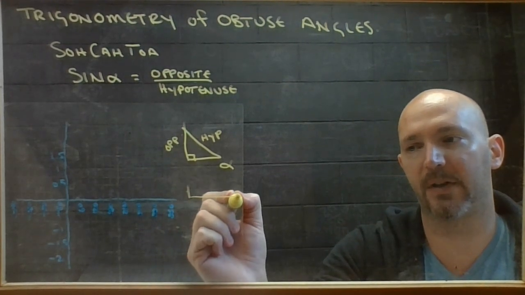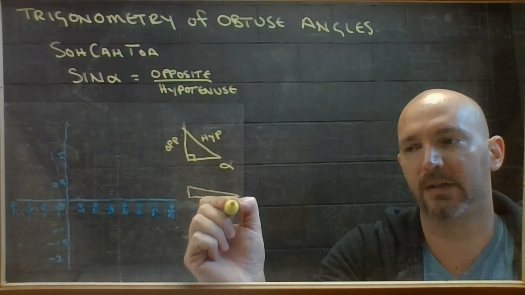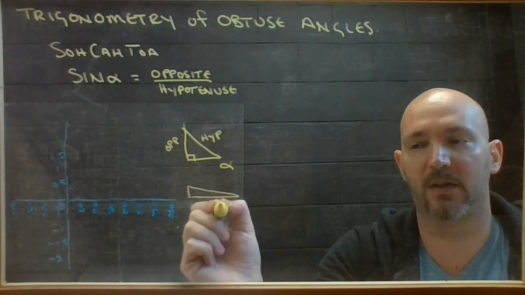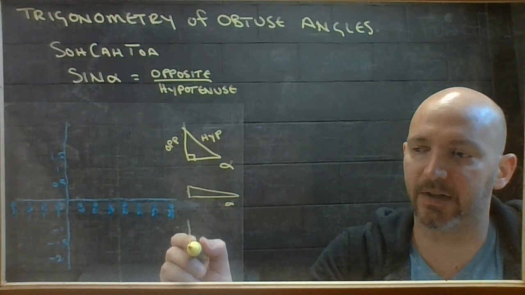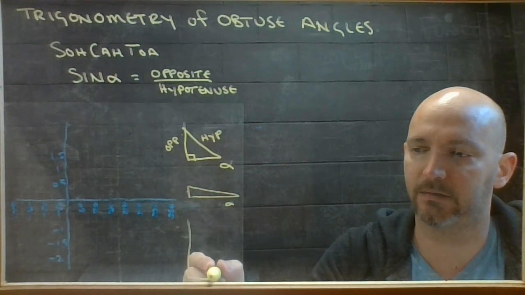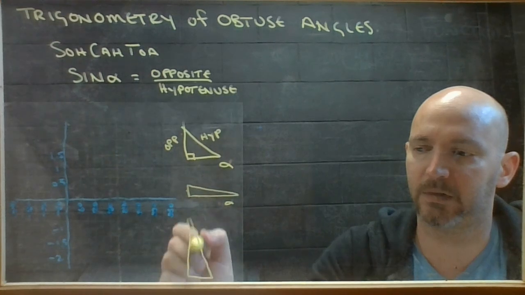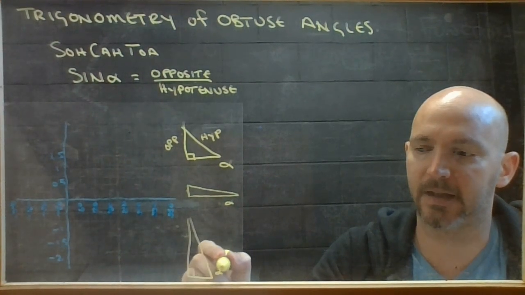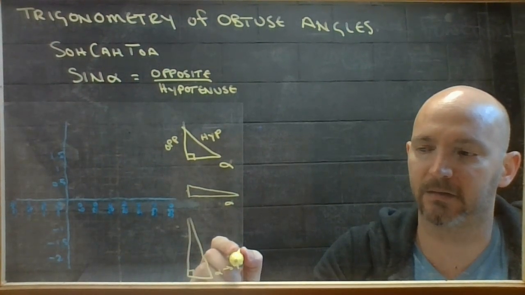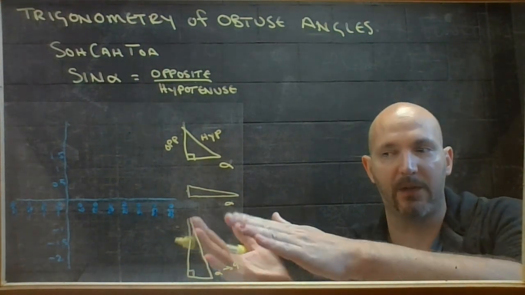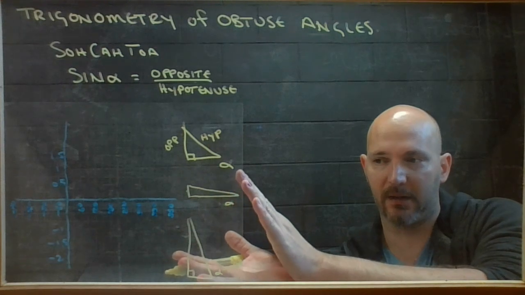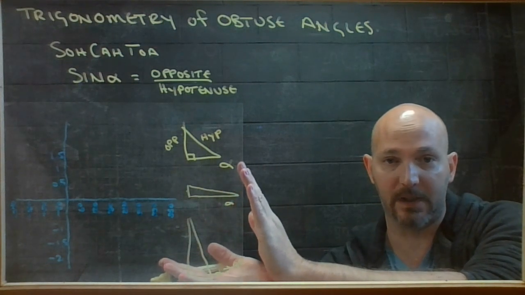If you have a very long triangle, then this angle is close to 0. If you have a triangle that's very tall, then this angle is getting bigger, getting to 90 degrees.